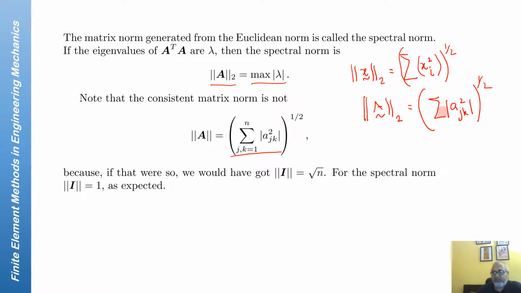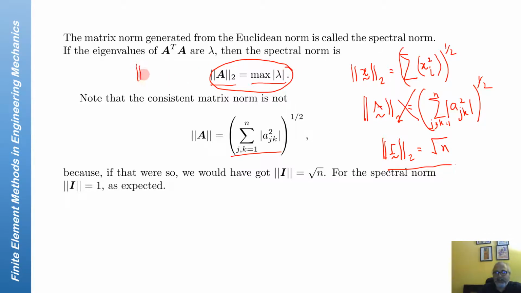In analogy, we could have thought the matrix norm is the summation of all the components of the matrix squared, to the power half, with j and k going from 1 to n. But this is not the case, because if I took the identity, for which only the diagonals are 1 and everything else is 0, then I2 would have been root n, which is not correct, because I2 will have to be 1. For I, which has eigenvalues all 1, the norm is equal to 1 according to the eigenvalue norm.